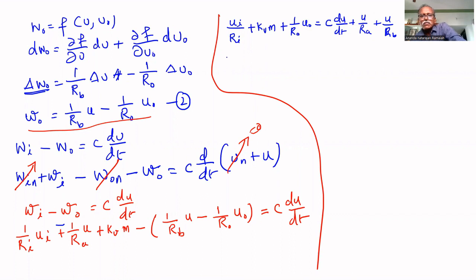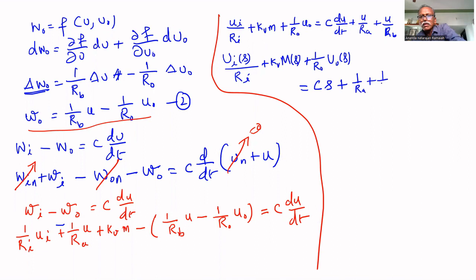Now, if you take Laplace transform, you will get ui of s upon Ri plus kv, valve gain, multiplied by m of s plus 1 by R naught u naught of s equal to Cs plus 1 by Ra plus 1 by Rb multiplied by u of s.